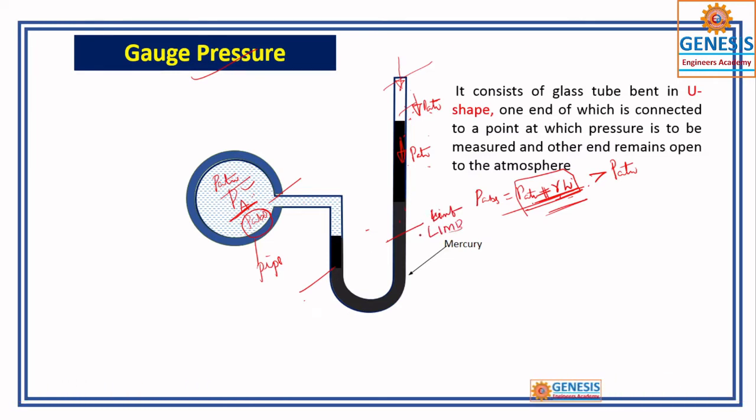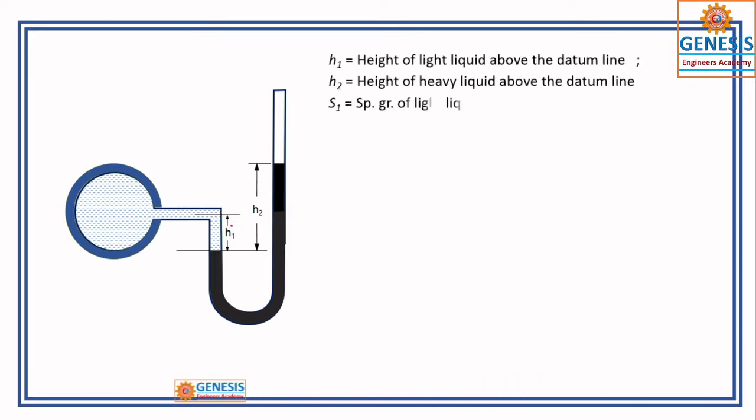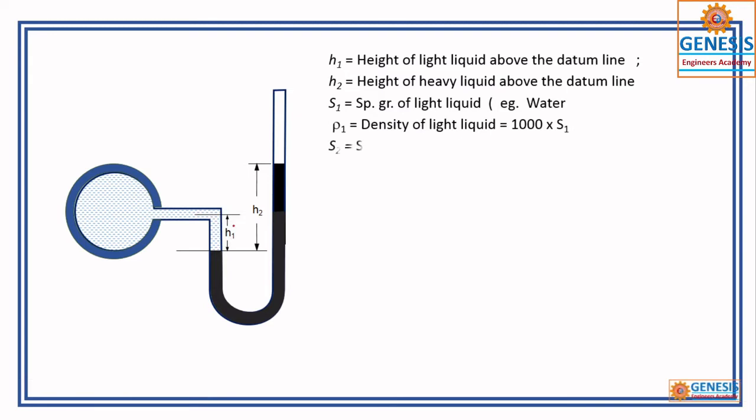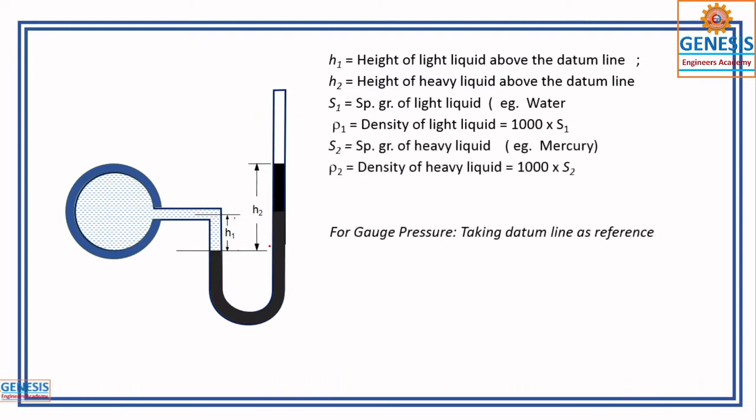Okay, so now we concentrate on the formation of the equation. That is very important. Here the liquid column is able to push the mercury, and the liquid column height is H1, and the mercury has been raised to H2.